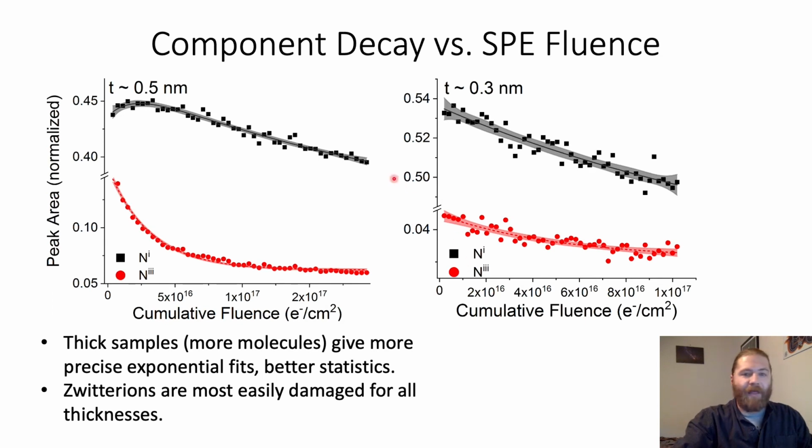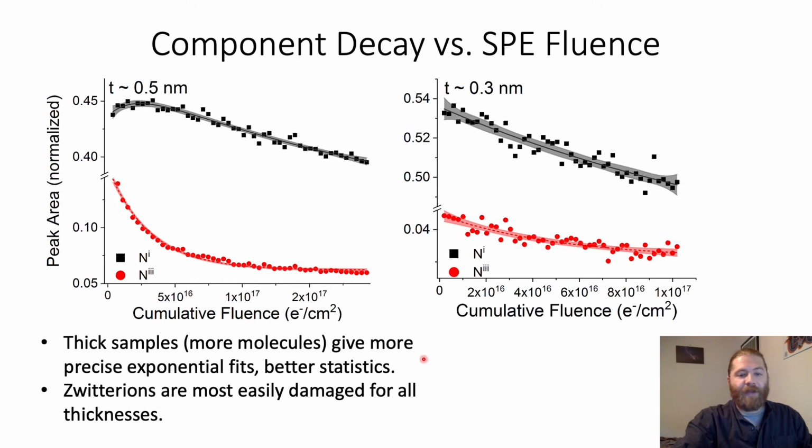When we look at the abundance or the area of those peaks as a function of radiation fluence, or the cumulative electron fluence that these molecular films have been exposed to, we see that they are well fit by exponential decays. These exponential decays can be used to give us the damage cross-section for these molecules with the spin-polarized electrons.